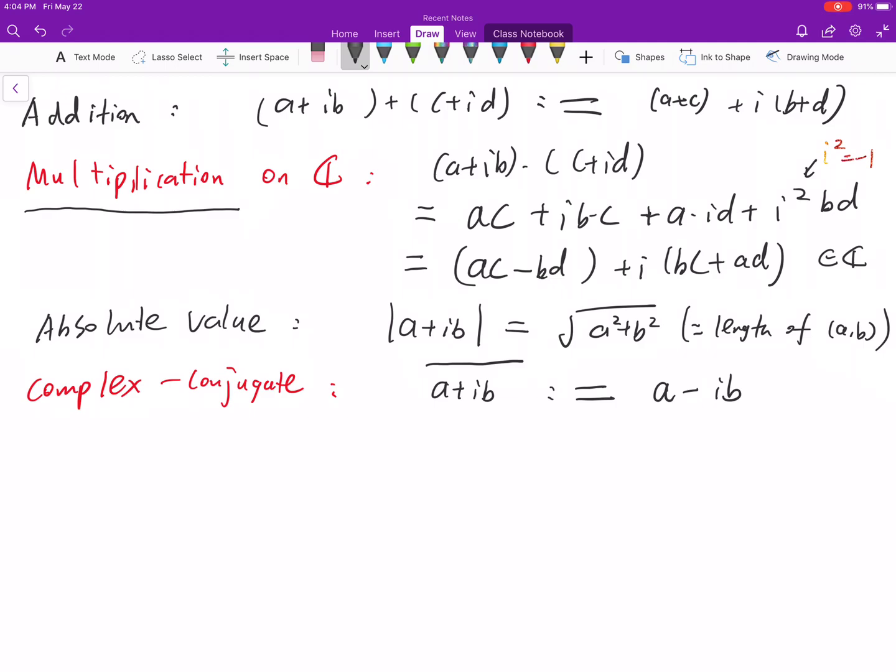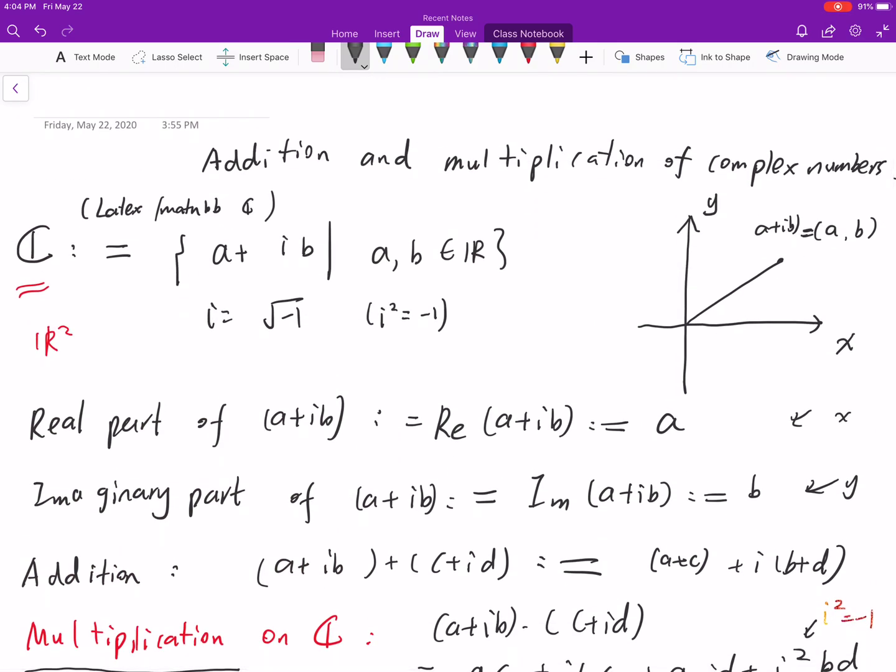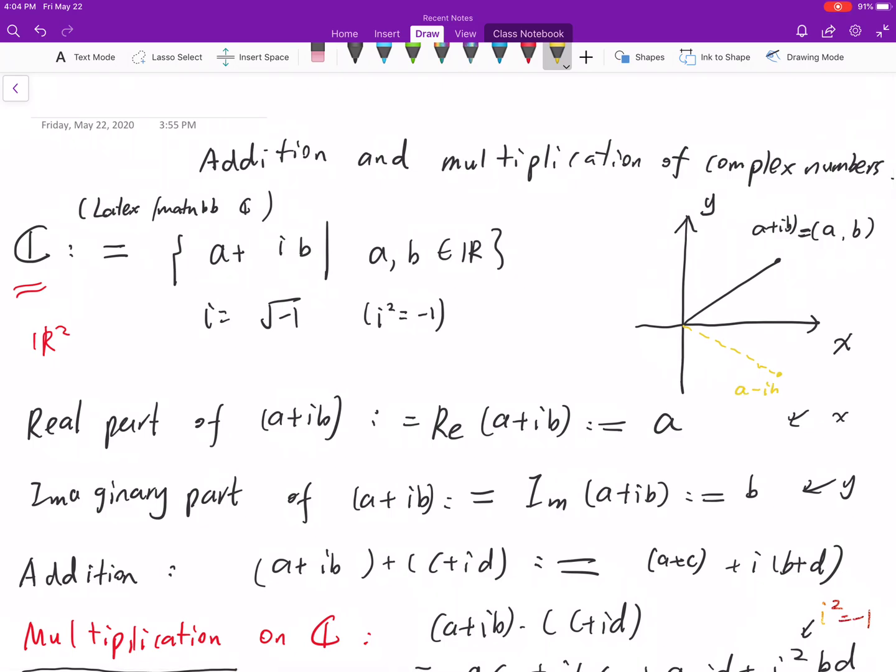If you look at the picture, what does that mean? That means you reflect a plus ib along the x-axis.